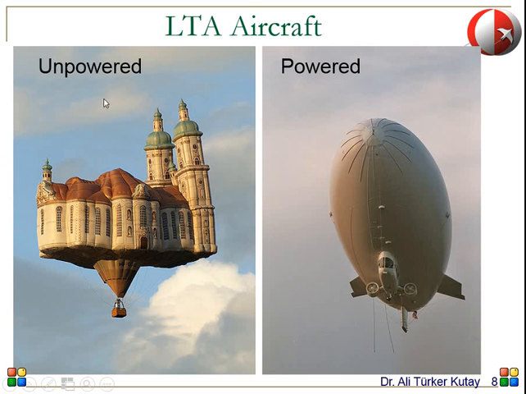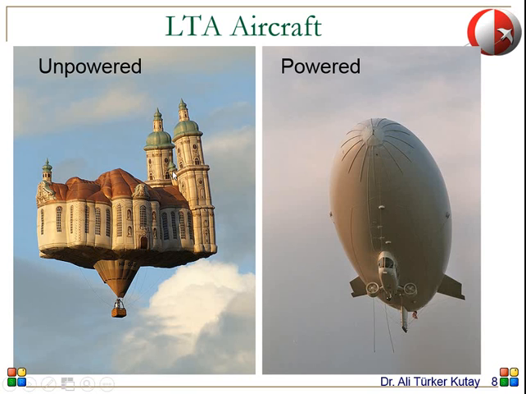So this is an unpowered aircraft. You have this large container, and you fill this volume with a substance which has a density lower than the air density, and that carries the weight. So it gives the lift force, but that's the only thing you have. You have no way of making forces to control this aircraft.